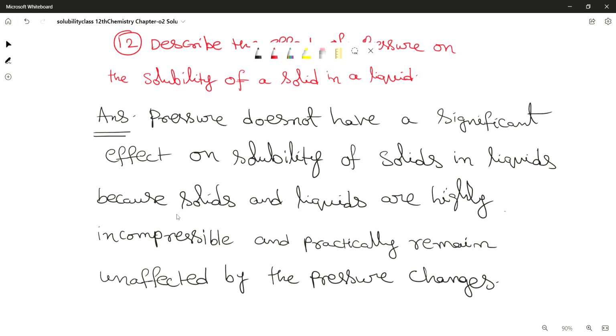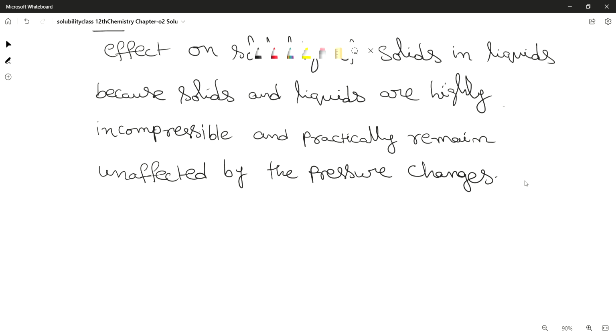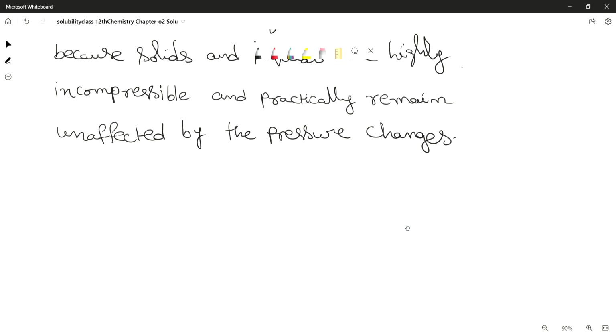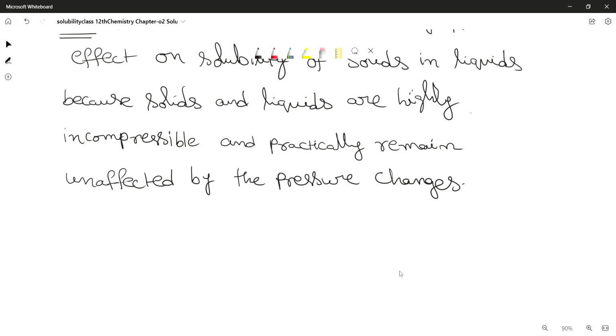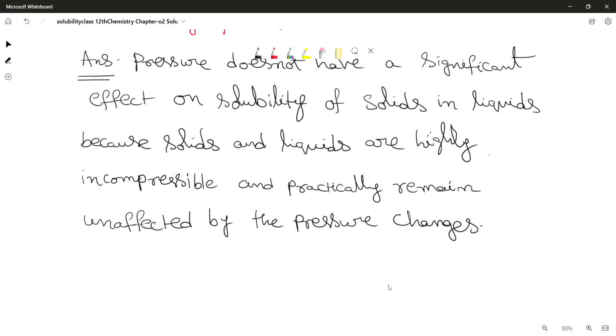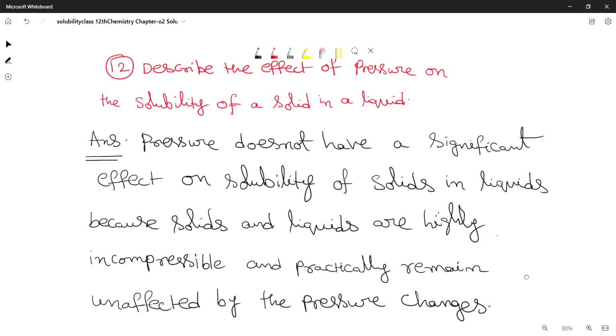This is because solids and liquids are highly incompressible and practically remain unaffected by pressure changes, and hence pressure does not have much effect on the dissolution of a solid in a liquid.